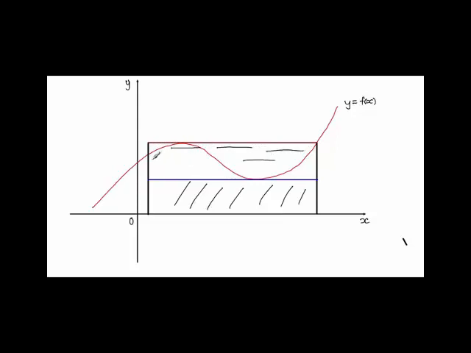So the area under this curve between these 2 points, let's say A and B, is sandwiched between the area which is limited by the brown line there. Sorry, I think I made a mistake in shading here.